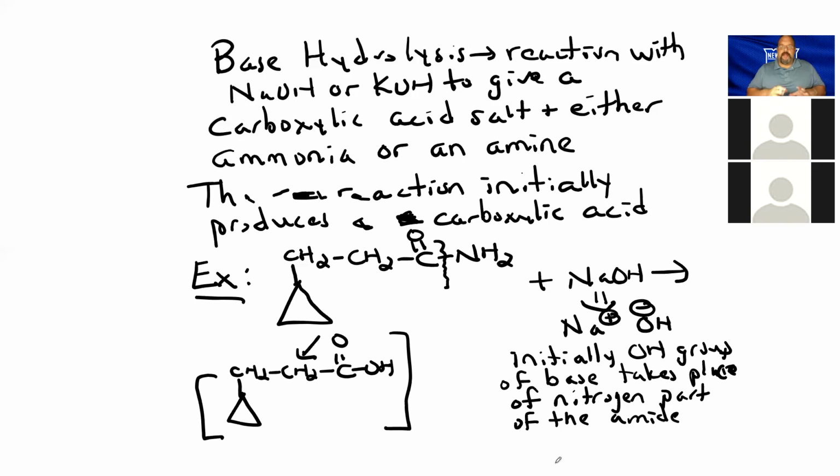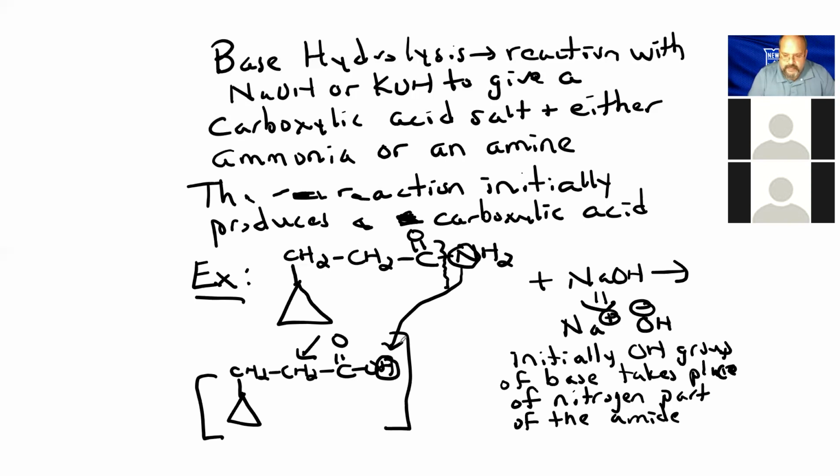But again, we're under basic conditions. So you can't have a carboxylic acid under basic conditions. What part of the carboxylic acid is lost under basic conditions? The hydrogen of the carboxyl group. In these reactions, that hydrogen is going to be picked up by the nitrogen of the amide.